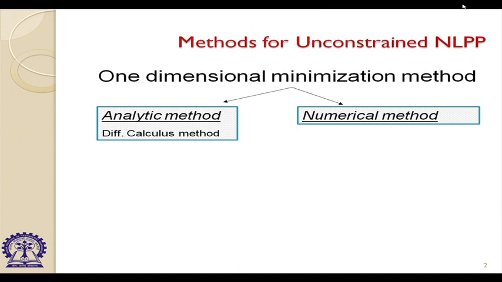That is why all the methodologies available to date can be divided into two categories. One is the classical optimization technique, that is the analytical method, and the other we call numerical optimization, or the numerical method, for solving unconstrained optimization problems.